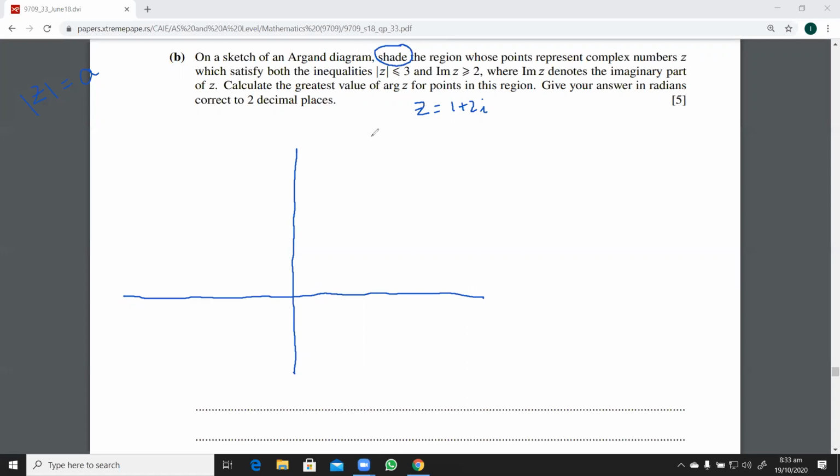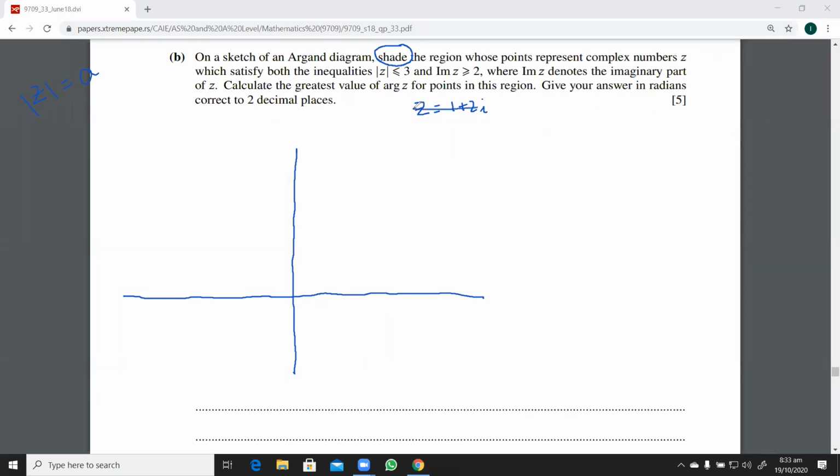And then I have this one, z from the origin. Now this z is not the one that we got from the previous equation.